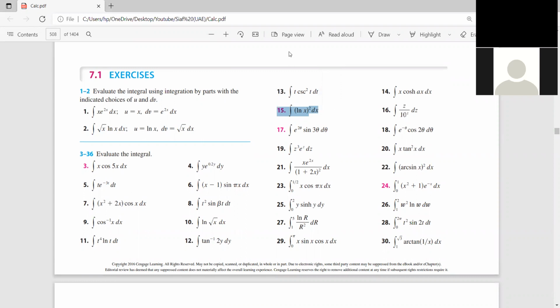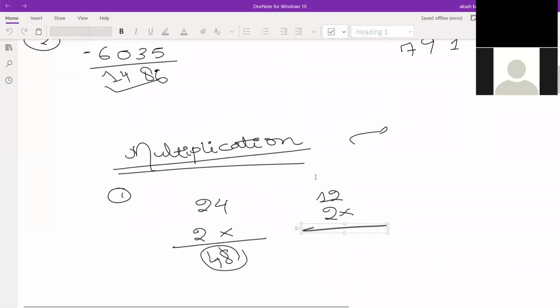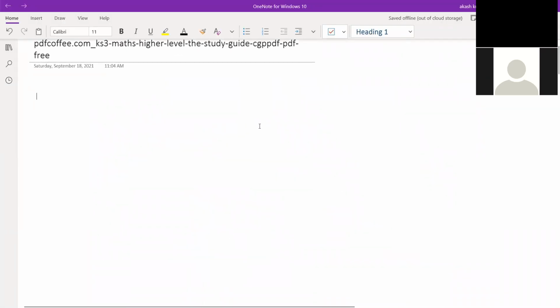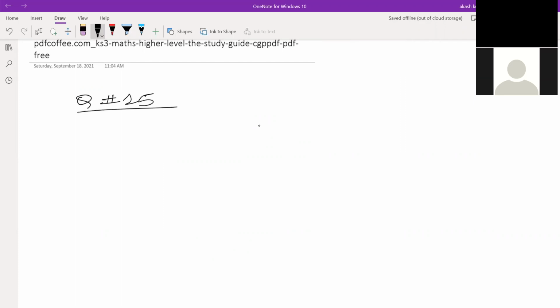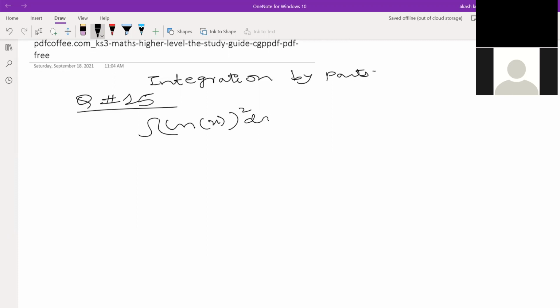So question number 15 is the integration of (ln x) whole square dx.